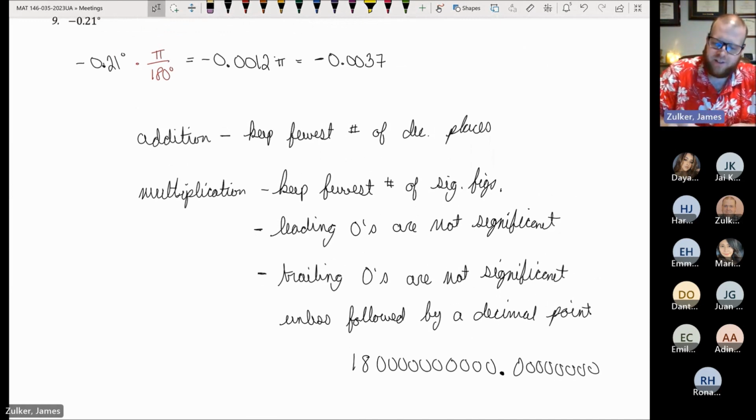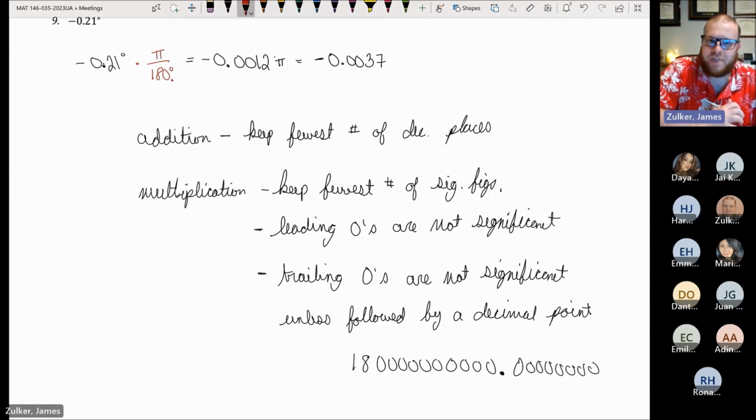So if we look at this 180 right here, how many significant digits is it? Well, technically you're correct, it's 2. However, I got that 180 from a conversion factor. So it's actually implied to have a decimal point following it, even though I don't write it. Right?